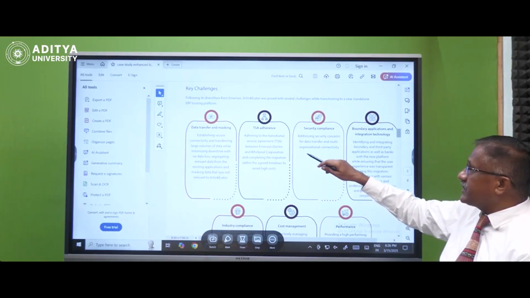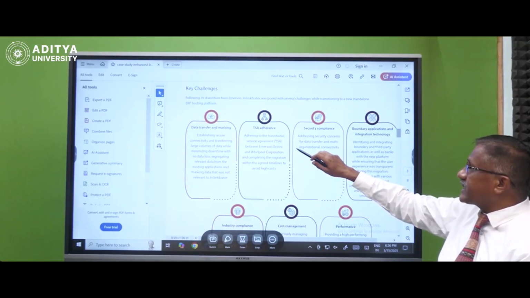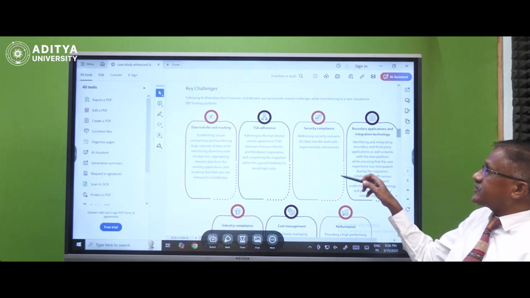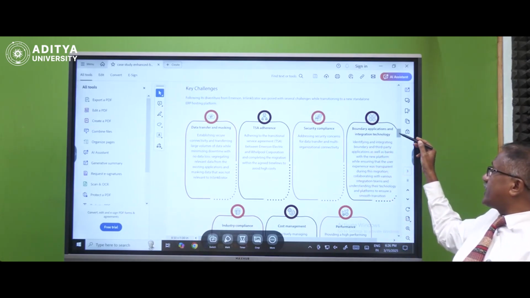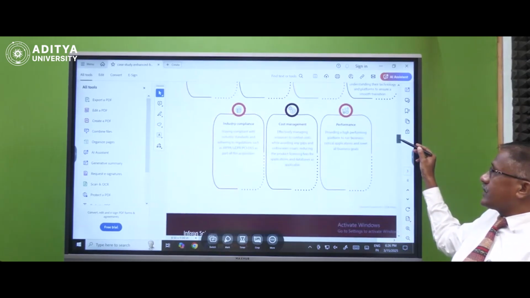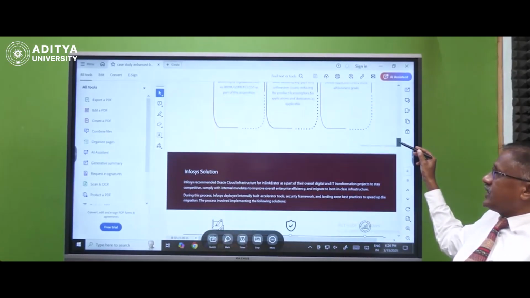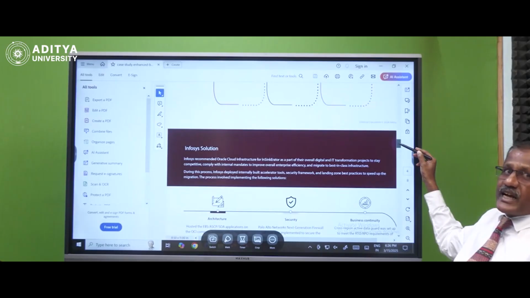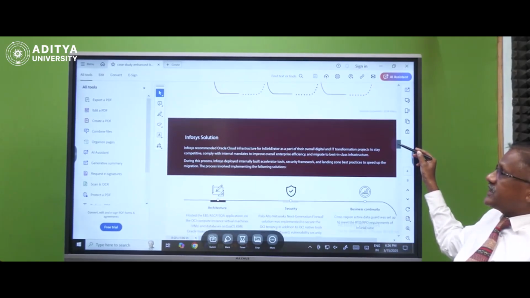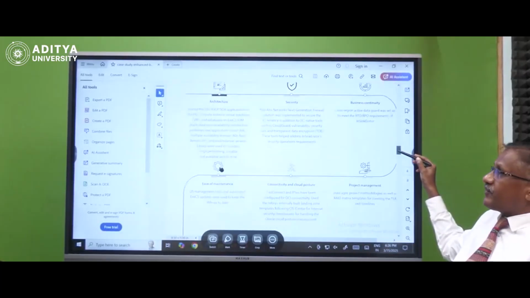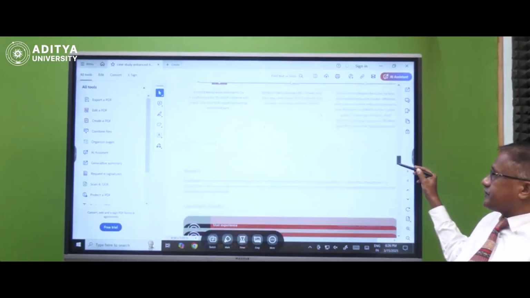Data transfer and masking, TSA (Transitional Service Agreement), security compliance boundary. These are the various challenges we face in Oracle Cloud Infrastructure, along with industry compliance, cost management and performance. It is one of the beautiful case studies from the Indian company Infosys, which provides a solution for the complete infrastructure with the help of Oracle Cloud Infrastructure.